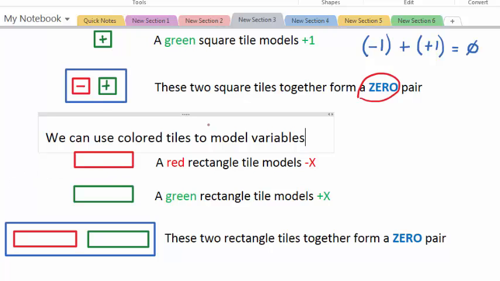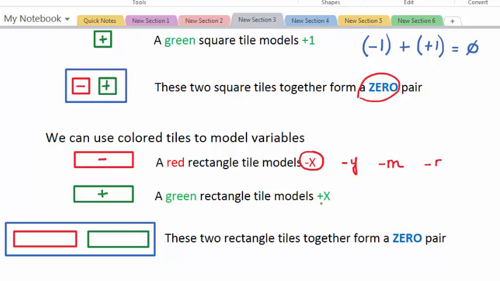If I have a negative rectangle, that means I can model negative x. Can someone tell me, can I introduce negative y? Yes. Negative m? Yes. Negative r? Yes. Any symbol, any variable can be negative. Excellent. What about a positive rectangle?